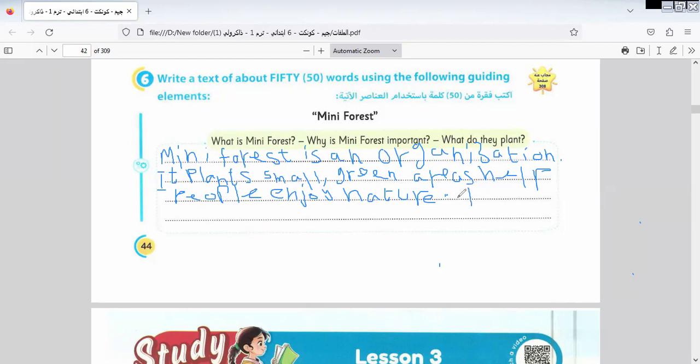These help. It will be "these". These help the wildlife.